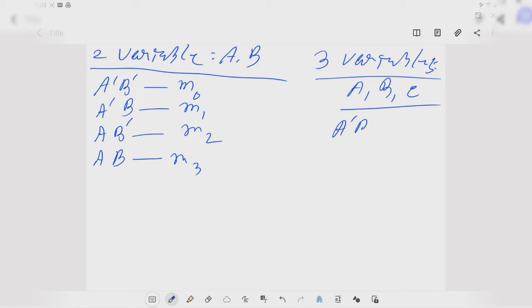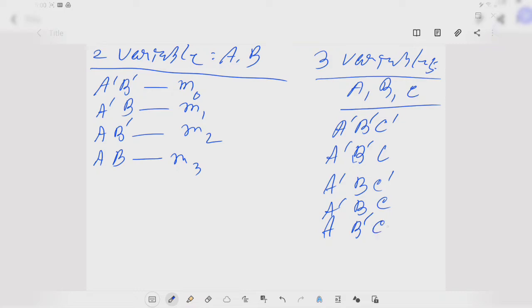A prime B prime C prime, A prime B prime C, A prime B C prime, A prime B C, then A B prime C prime, A B prime C, A B C prime, A B C. So 8 min terms: 1, 2, 3, 4, 5, 6, 7, 8.